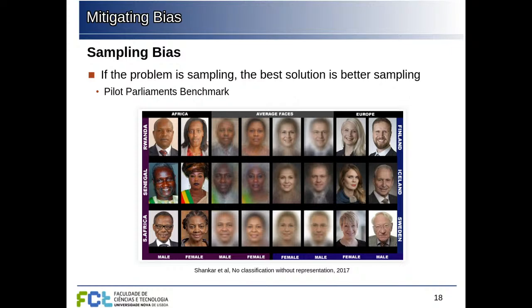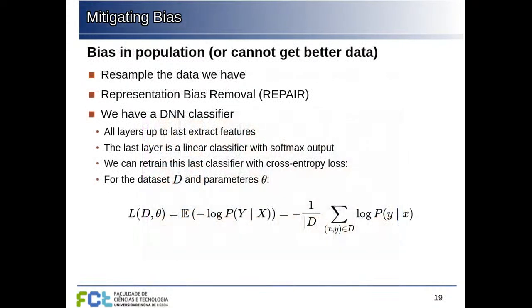But this is just one way of solving these problems, which is to get better data in the sense that it is more representative of the population we are studying. If we cannot just get better data, or if the bias is in the population itself, then even if we try to sample carefully at random, we can still have bias in our sample because the population itself is biased. Or we may not really know what the biases can be.